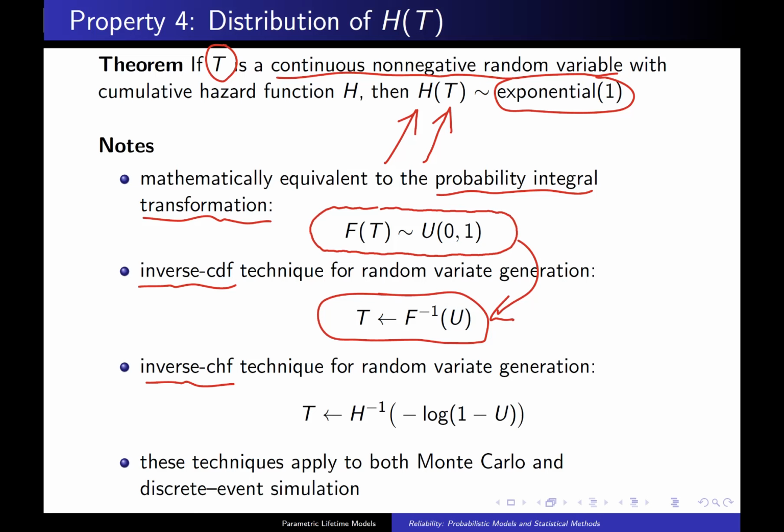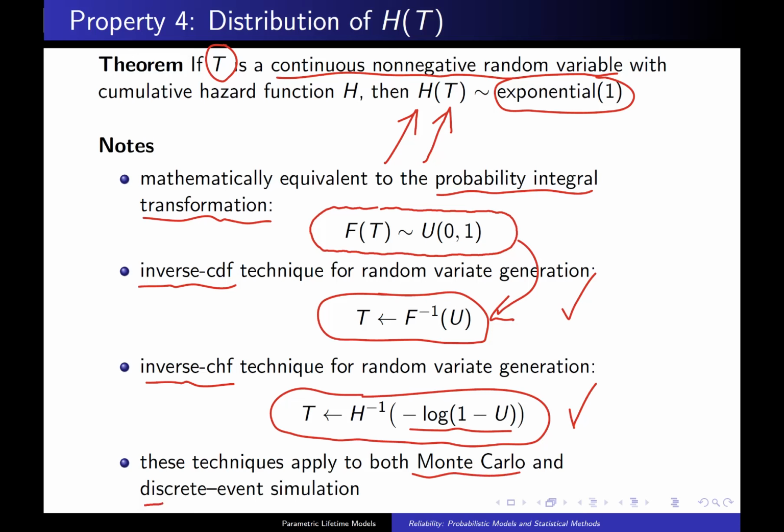The idea here is if you take a unit exponential random variable, and that's what's underlined here, and you plug that unit exponential random variable into its inverse cumulative hazard function, that will have the distribution of interest. Both of these techniques, the inverse CDF technique and the inverse cumulative hazard function technique, apply to both Monte Carlo simulation and to discrete event simulation.